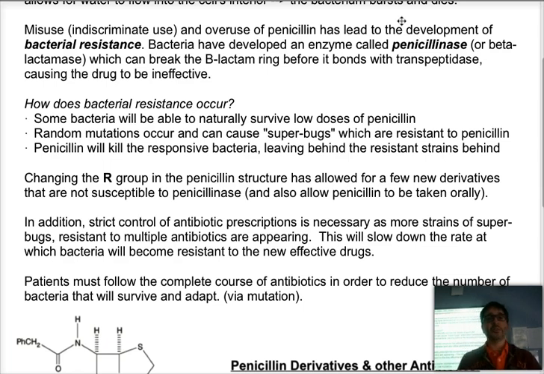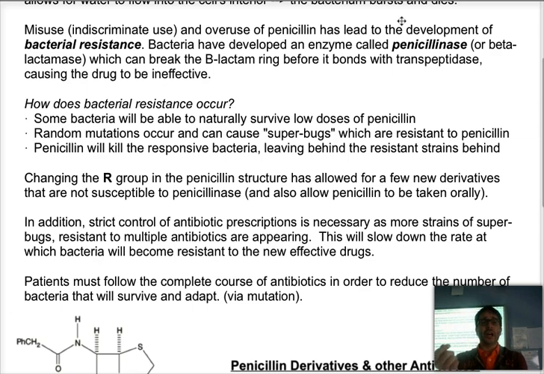So bacteria have developed enzymes that are called penicillinases. Basically, they have an enzyme that will bind to the beta-lactam ring before the penicillin has a chance to bond with the transpeptidase, and so it does not interfere with the formation of cell walls.